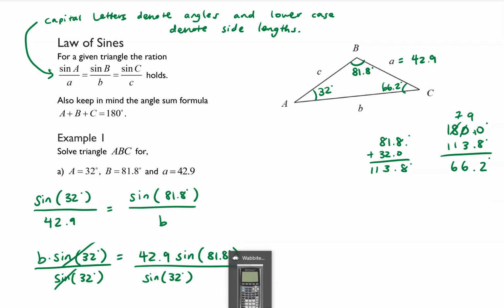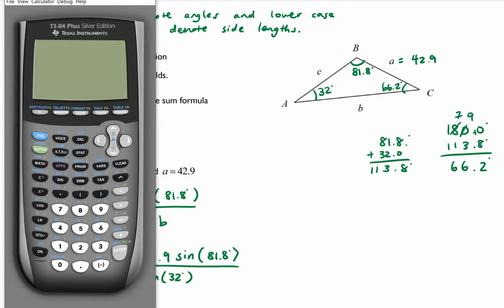And this is where I am wanting to use a calculator. So I want to make sure that my calculator is in degrees. And now I can throw that into my calculator. So I'm going to do 42.9 times sine of 81.8.